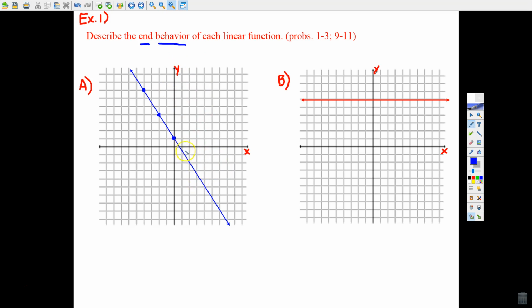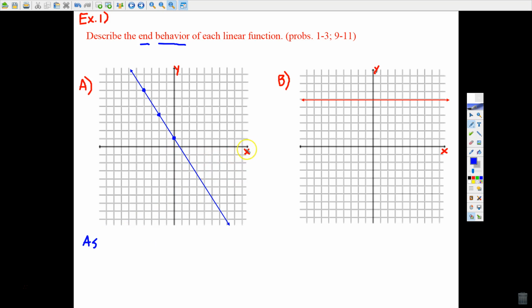Let's start with the right end. As you travel right, you're increasing these values for x that we call the domain. As you do that, what happens to the values for y, or the function f of x? Well, let's state it like this.